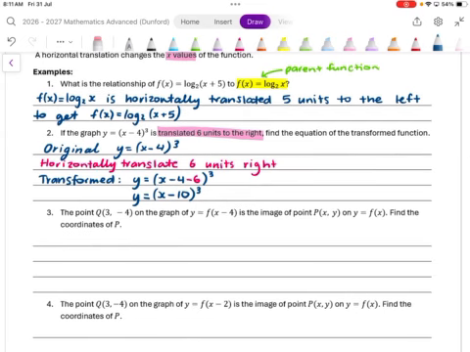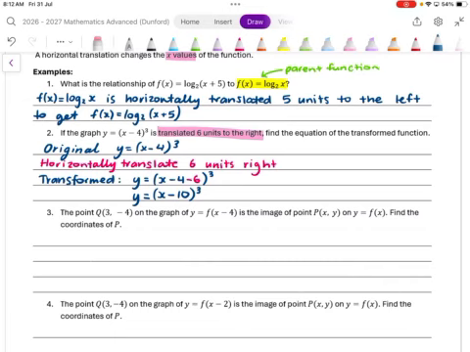Okay, example 3, we have the point Q, which is (3, -4), on the graph of y equals f of x minus 4, is the image point of P, which is (x, y), on y equals f of x.